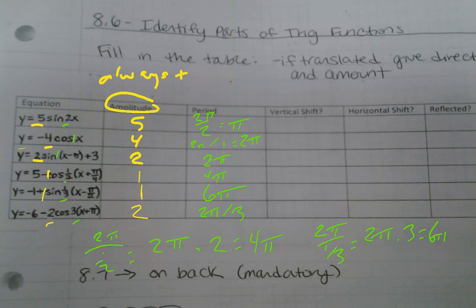Some of us missed the instructions that if it's translated to give the direction and the amount. In the first one, do I have any adding or subtracting? No. In the second one, do I have any adding or subtracting? No. Look at the next one. Do I have any adding or subtracting? Yes, I am adding a 3.